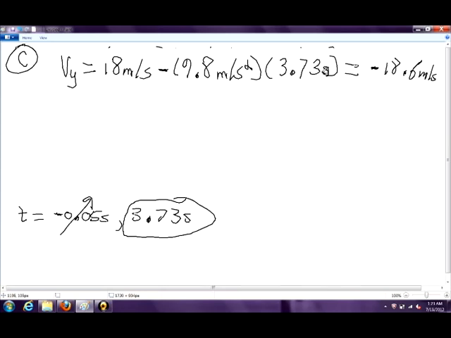Alright, so that makes sense. It's negative, so it means it's going downwards. And at that point, it would be going downwards, the ball.